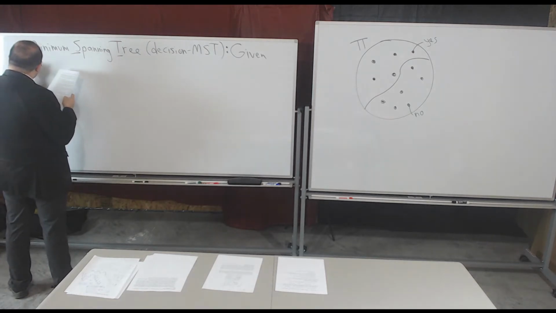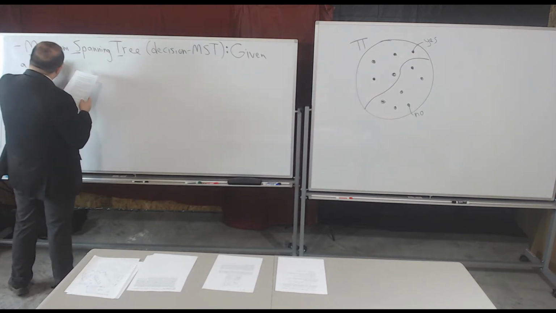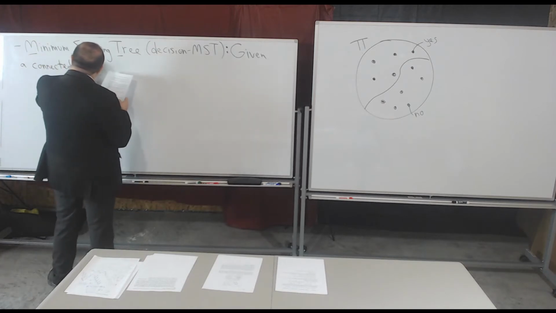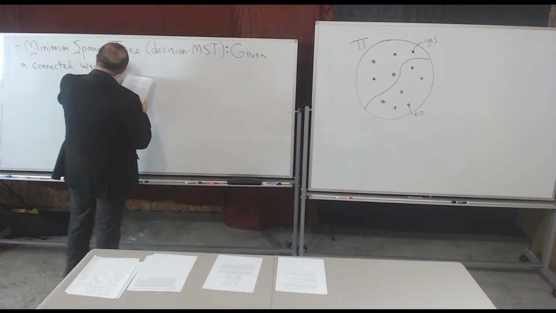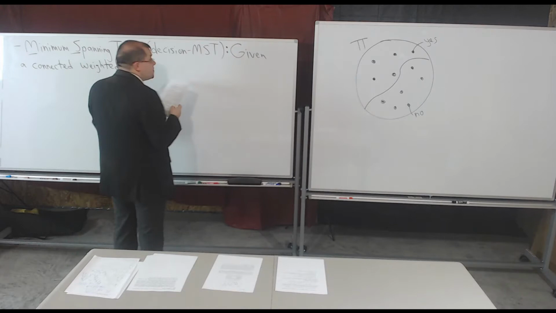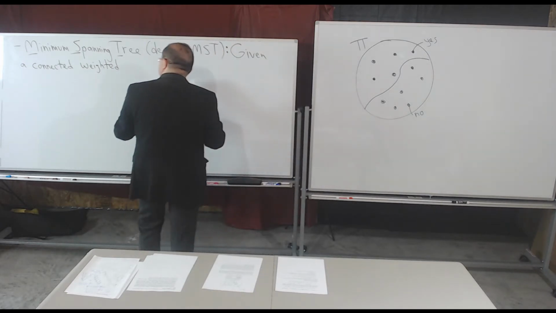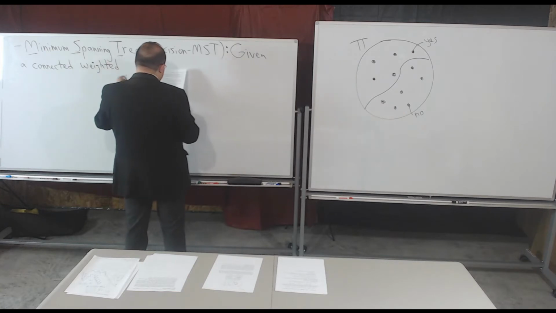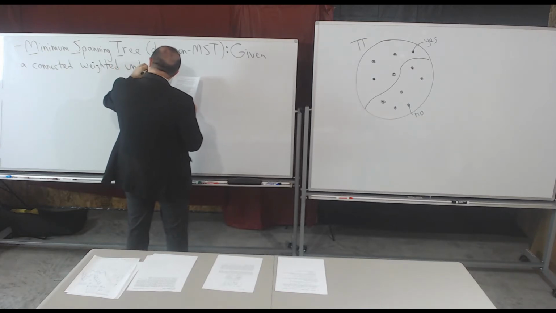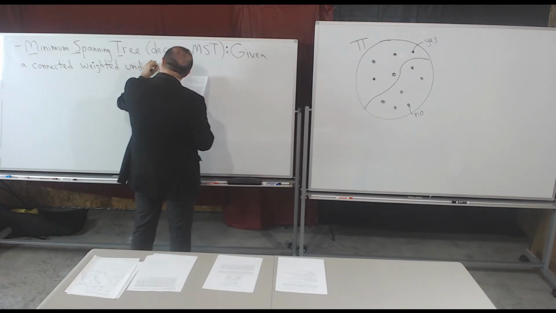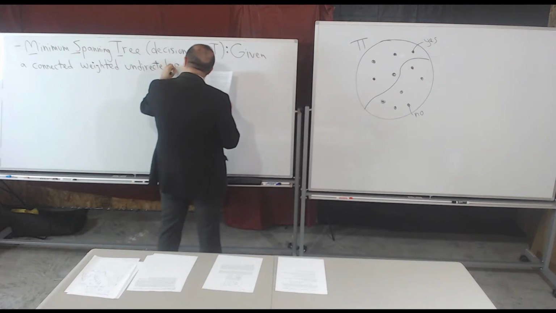a connected, weighted graph, that means I'm going to have numbers on the edges in my graph. These are going to be associated with costs. And I have to still add that it is undirected.